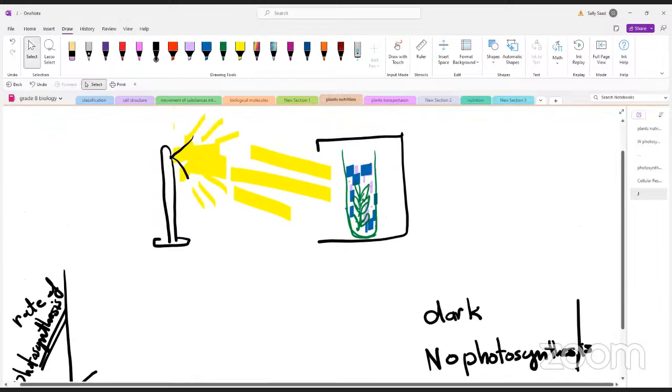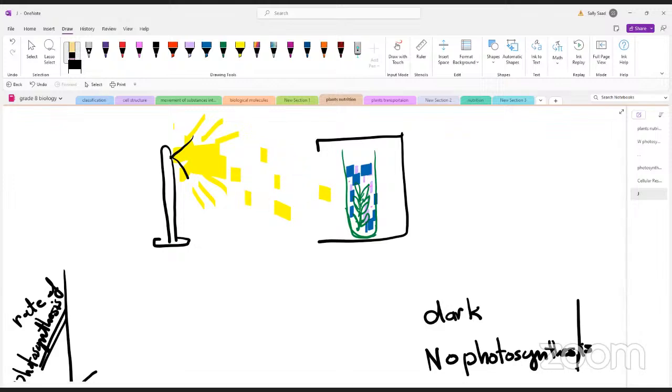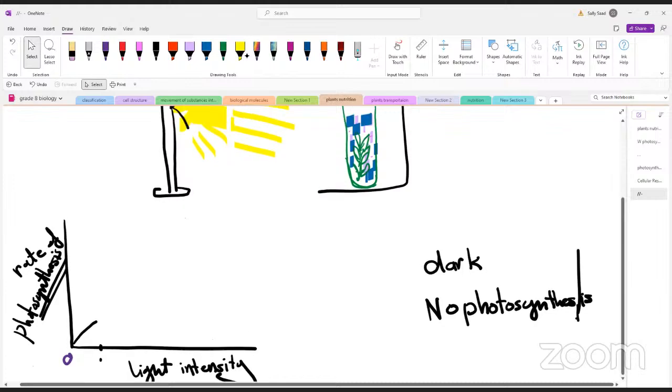Now there is one lamp which is giving light, maybe not that strong, but there is light going to the plant. You understand? There is photosynthesis.